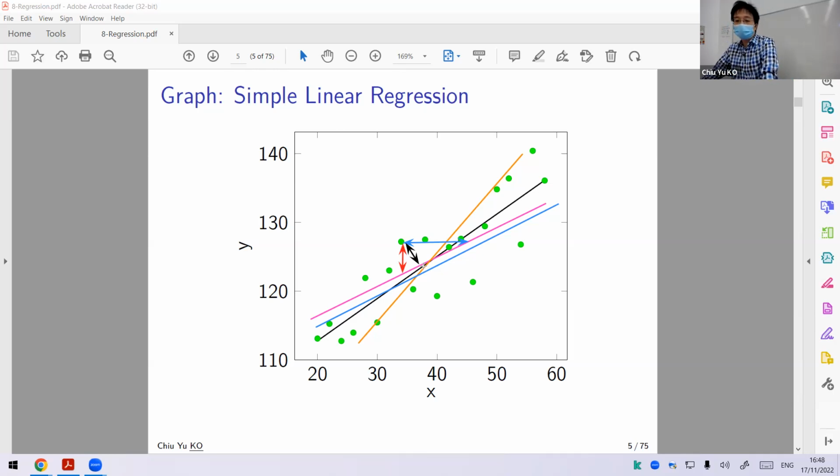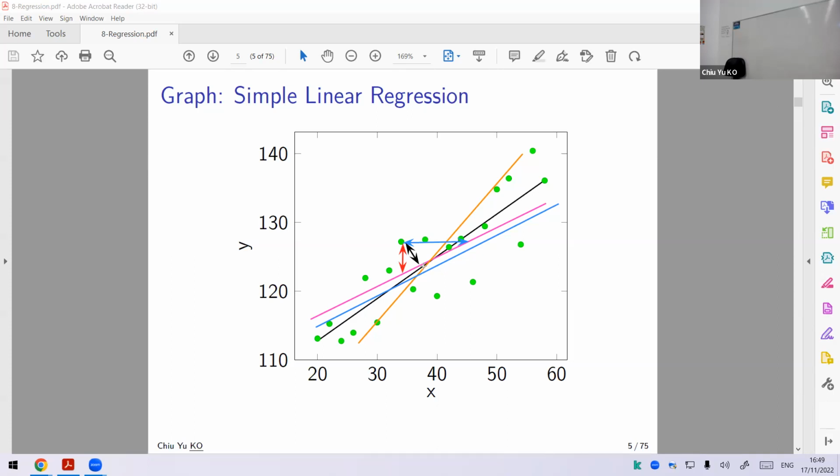The reason is that we use X to predict Y, or to explain Y. So the red one is in fact measuring how good our model is, right? Because in experiments we usually control X. We control the advertising as X and Y is sales, right? We can control X, okay? So that's why Y will reflect the inadequacy of the model. This is one reason we use the red one rather than the blue one, right? The blue one is not very appropriate, so that's why we use the red one, okay?